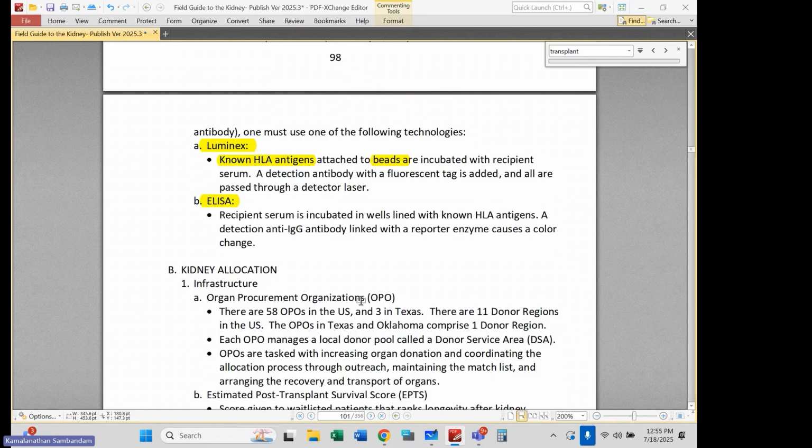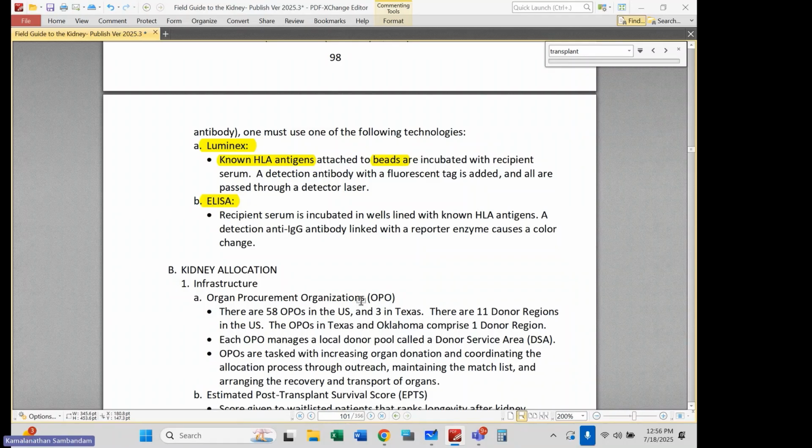The Luminex study is done quarterly-ish, and then we use that output to do the virtual cross match when a potential donor comes along. If that's negative, then the patient is brought in and does a T cell, B cell cross match. Correct, which is done by flow cytometry. And that's the day-of test. That's the day of, the night of. Takes about 4 hours. If that's negative, then we potentially proceed with it.